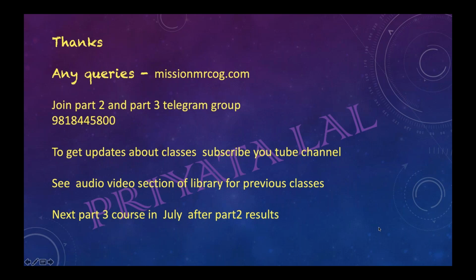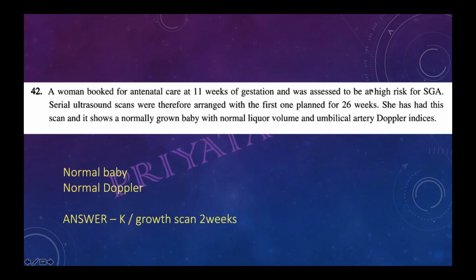If absent or reversed diastolic flow is there, then monitor growth scan weekly, and Dopplers of the umbilical artery, umbilical vein and CTG have to be done daily. So this is the sum up. That's all about it. If any one of you has any question, you can ask me.